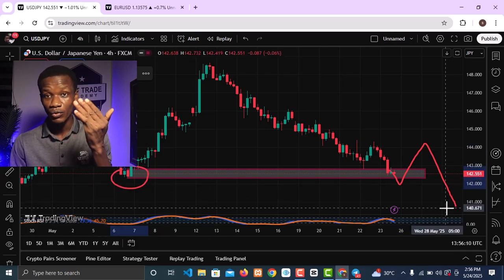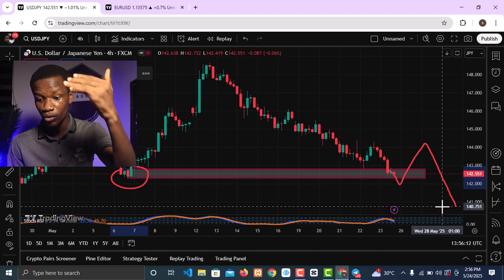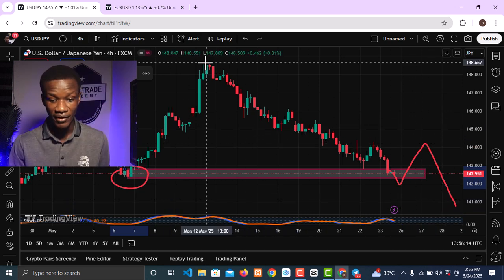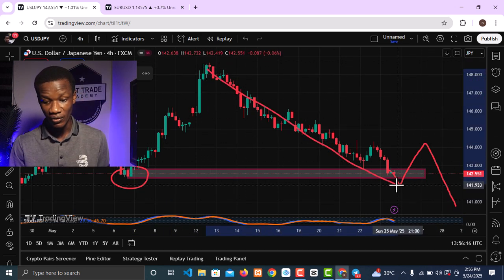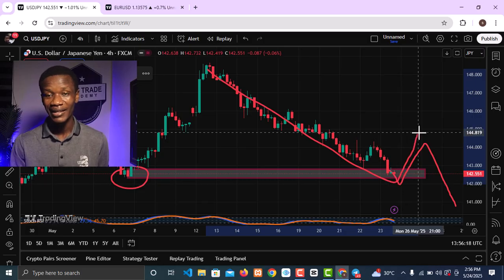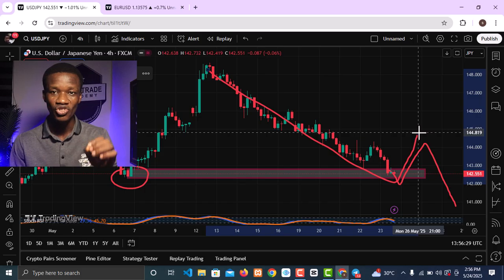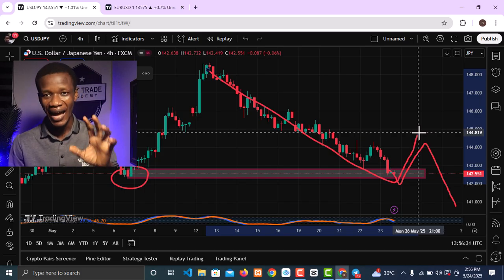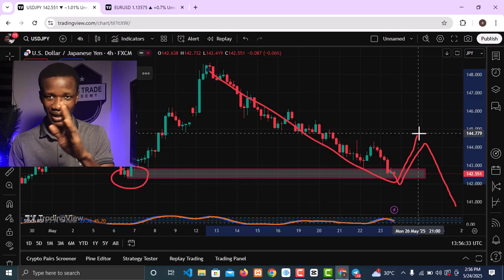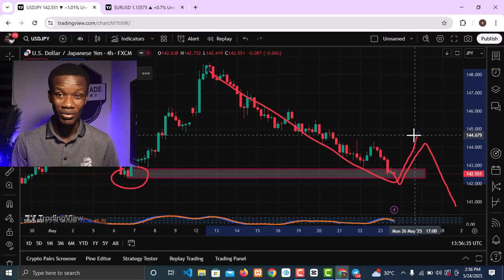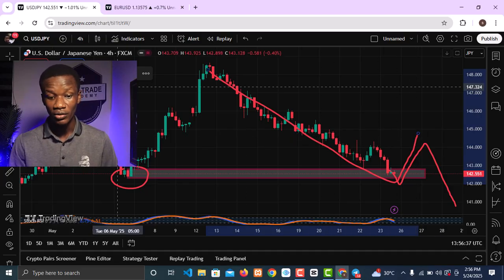And then after that liquidity grab, the market is going to move upward for a retracement of this entire move all the way to the downside. The market needs to retrace, and then it's going to come back again, because if you look at the 1D chart and the 1 week chart, it looks very, very bearish, and you want to take trades in line with the higher time frame, that is top down analysis. And this is what you must understand right now on this very pair.